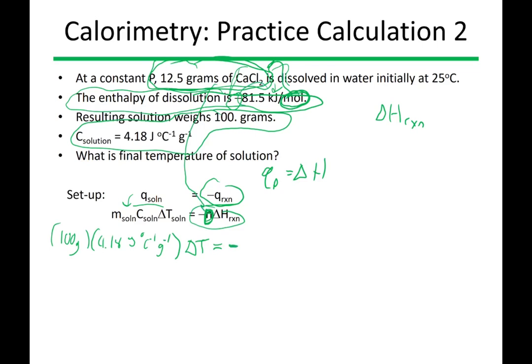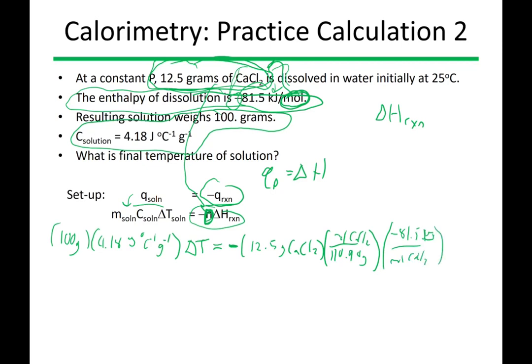And don't forget the sign change. So we have negative, and then our 12.5 grams of CaCl2, we need to get that into moles. So 110.98 grams per mole. And then our delta H, which is negative 81.5 kilojoules per mole of CaCl2.